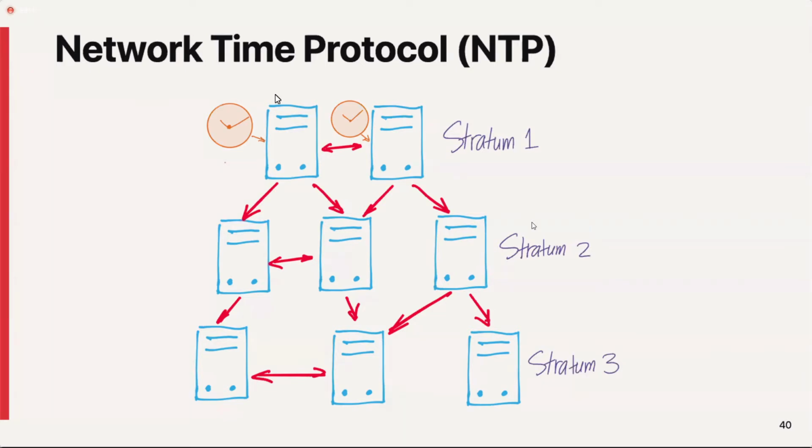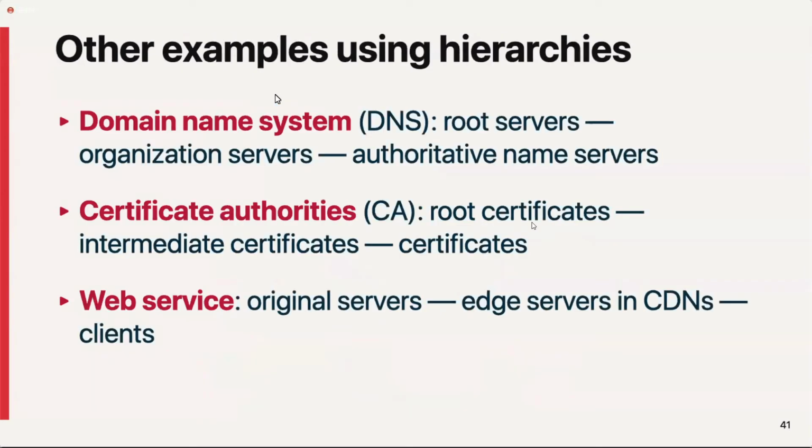And of course, this is not the only example that uses 3 hierarchies. We have lots of other examples, such as the domain name system. Again, we have 3 hierarchies: root servers, organization servers, and finally, authoritative name servers. If you think about something related to security, such as certificate authorities, CAs, we again have 3 hierarchies: root certificates, intermediate certificates, and certificates.